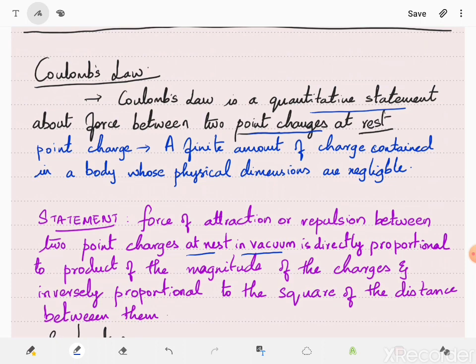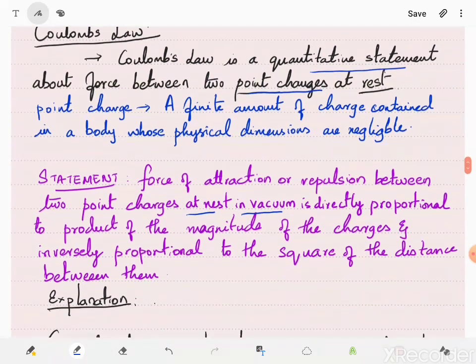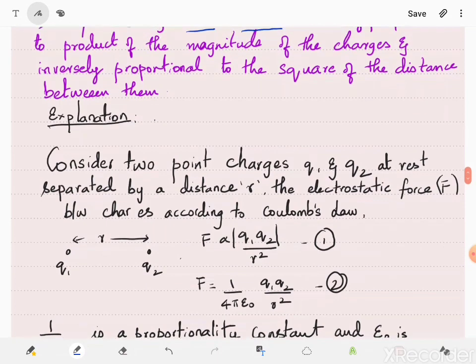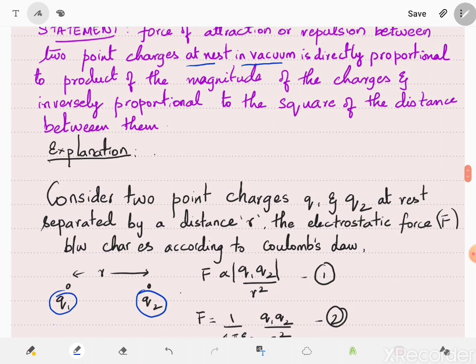Now let us take word by word of the statement. It states that if you have two point charges, let's say Q1 and Q2, which are at rest, and they are separated by a distance r in a vacuum, and obviously Q1 and Q2 both are at rest.